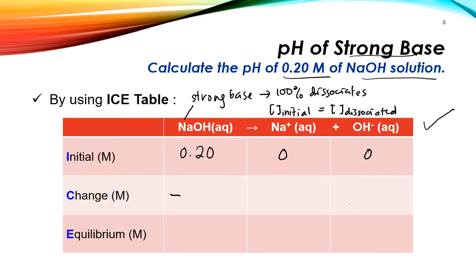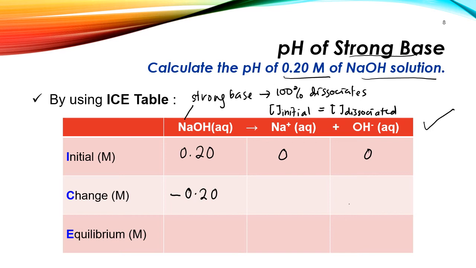Therefore, for aqueous NaOH, the 0.20 molar that has been introduced initially completely dissociates, with the same amount of concentration, a decrease of 0.20 molar.